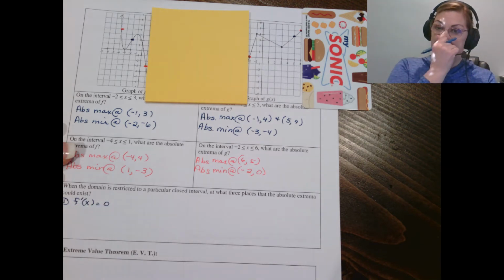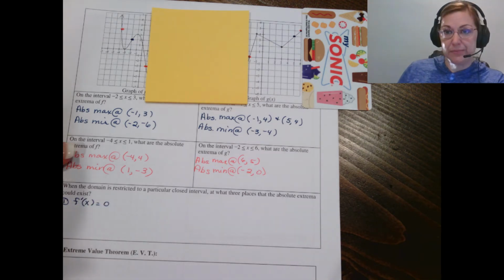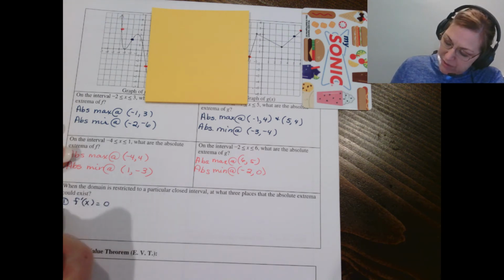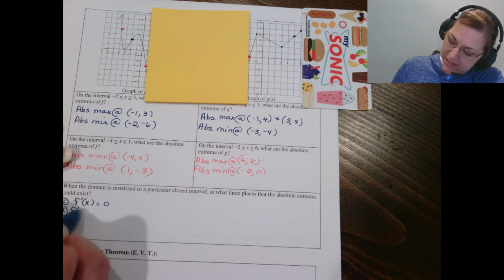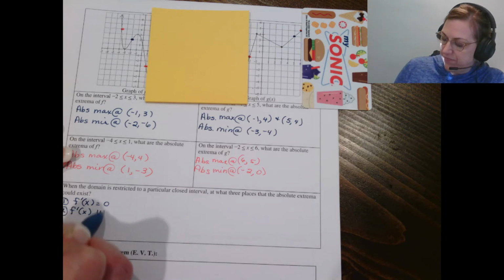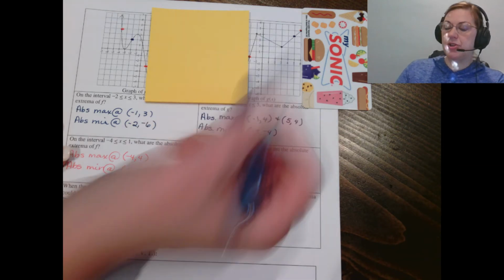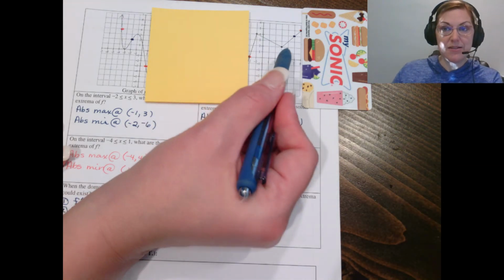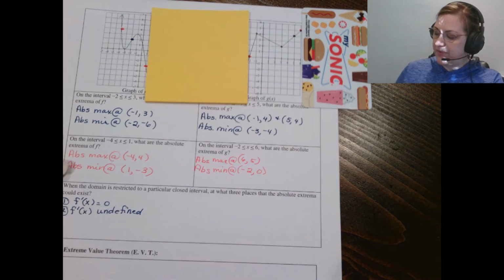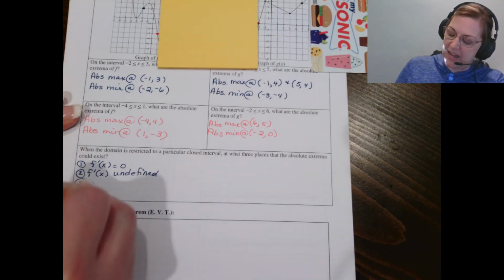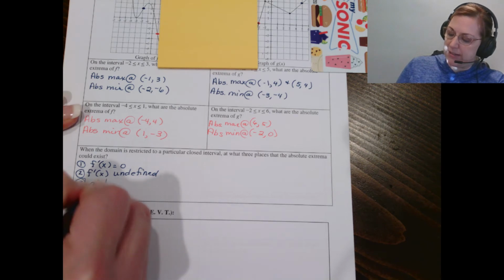So that's where you're getting that high or low, right? It could exist where the derivative is undefined. Because remember, where we have those sharp turns, right? We're not going to get a derivative. And the last place that it could exist would be at the endpoints.